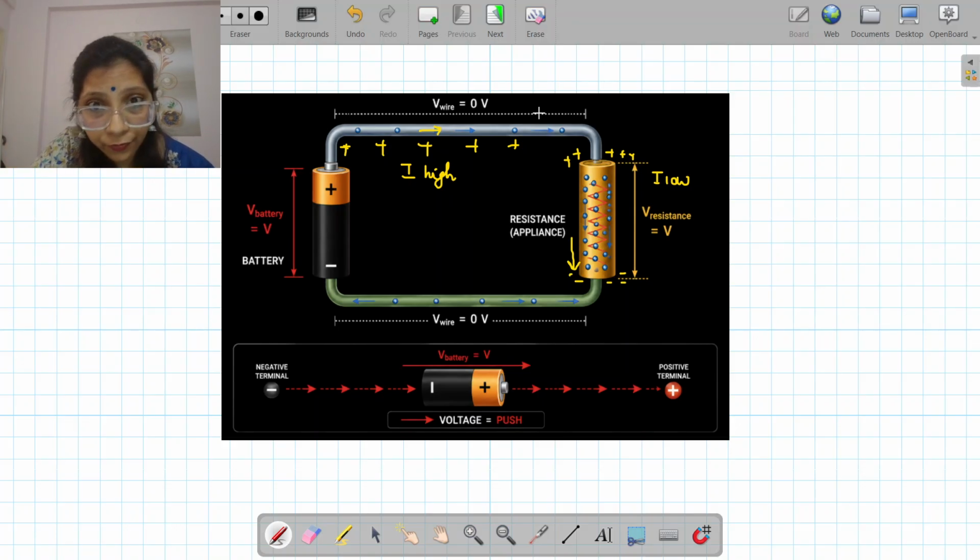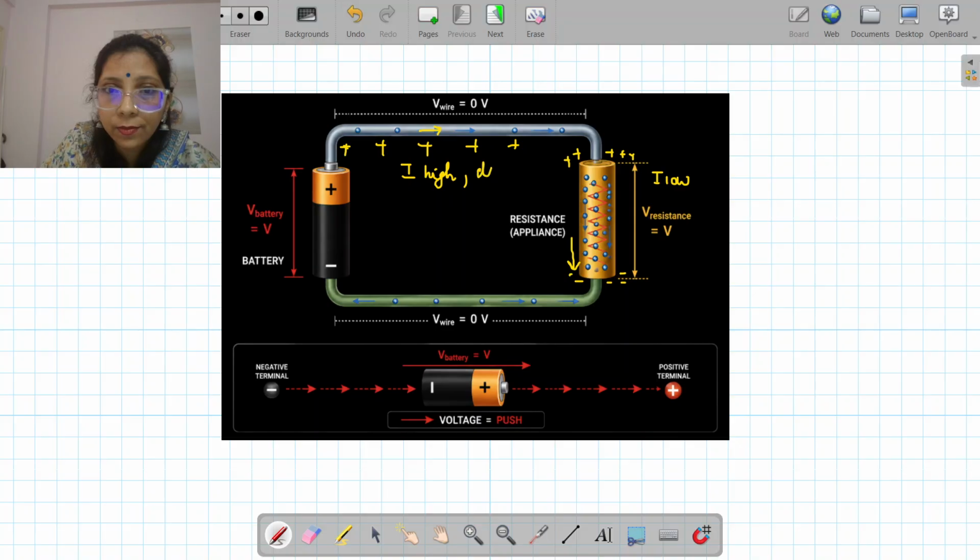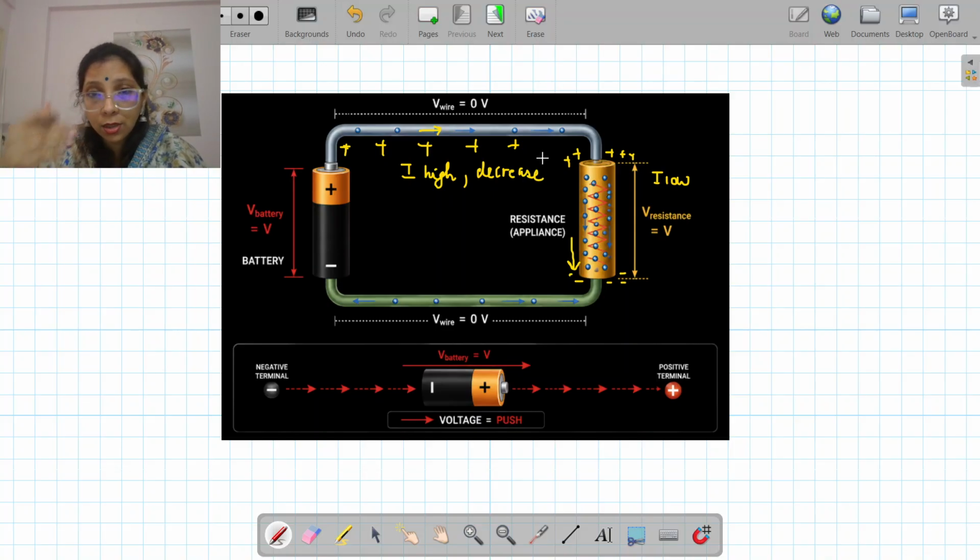So slowly, and when I'm saying slowly, this is slowly in terms of this steady state, okay? Not really slowly. This happens almost instantaneously. But yeah, after some time, this current will decrease, because the incoming charges are being repelled by this accumulation of positive charges.